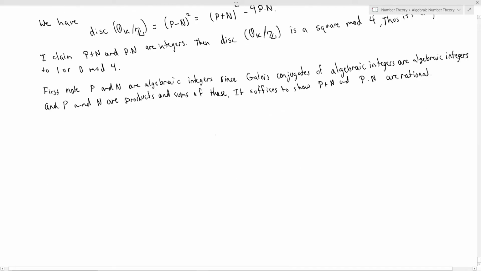Okay, so this is the second take of the proof that P plus N and P times N are rational. I screwed up the first one, but I figured it out, and I'm going to go ahead and edit this in.